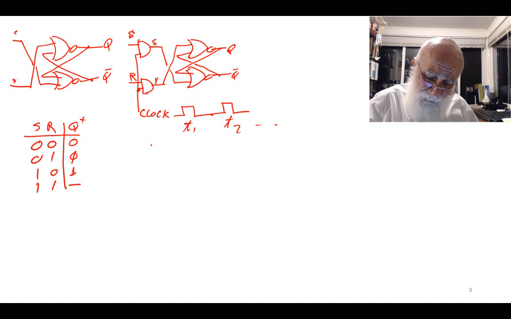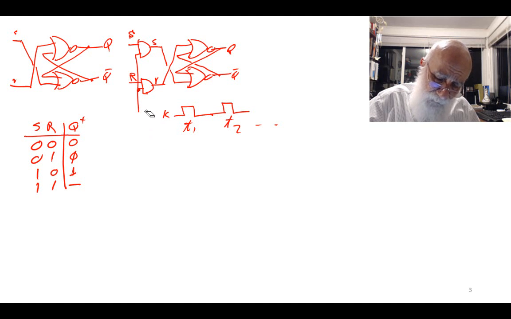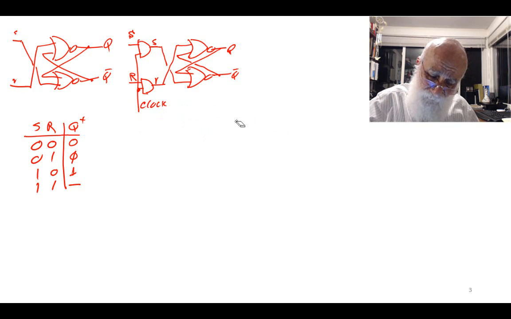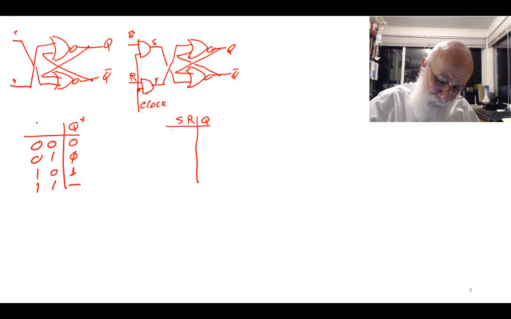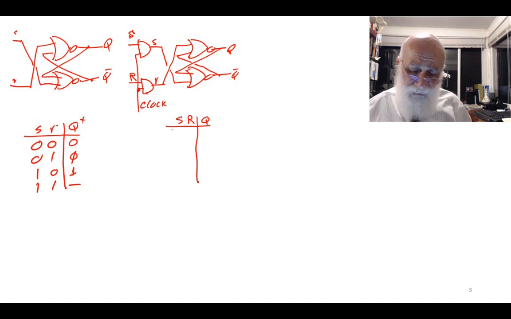Okay, and then for this circuit, my transition works like this. S, R, these are the outside ones, Q, S, R, lowercase on the left circuit.